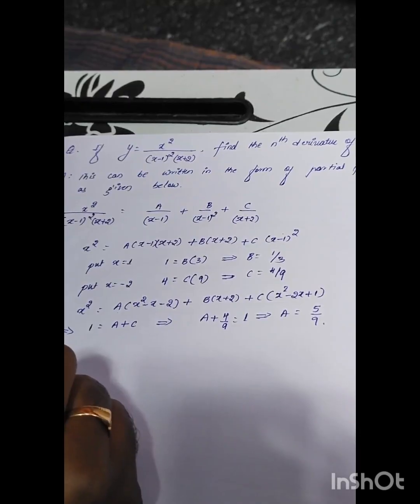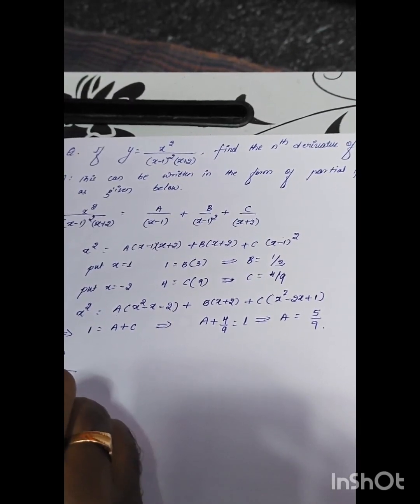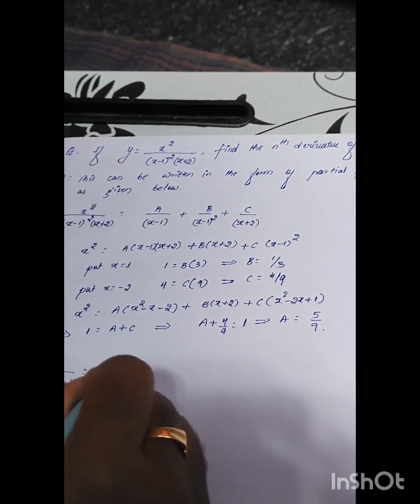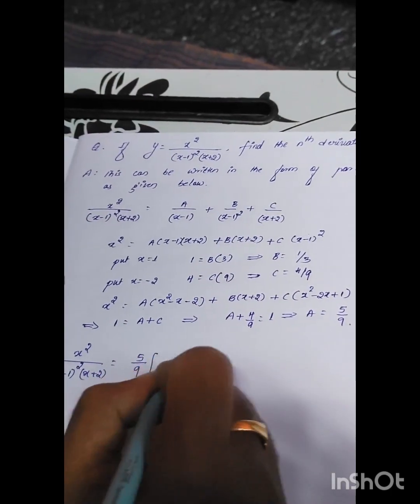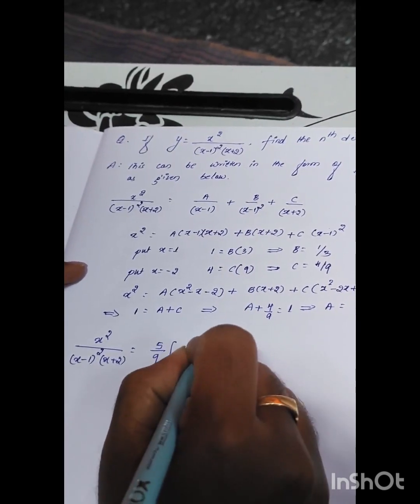So x square divided by x minus 1 the whole square into x plus 2 can be written as 5 by 9 into 1 over x minus 1, right?